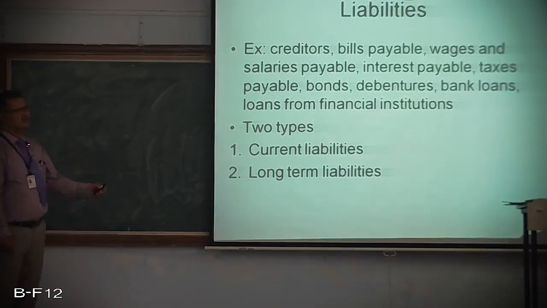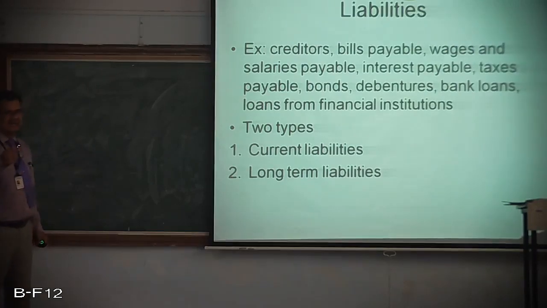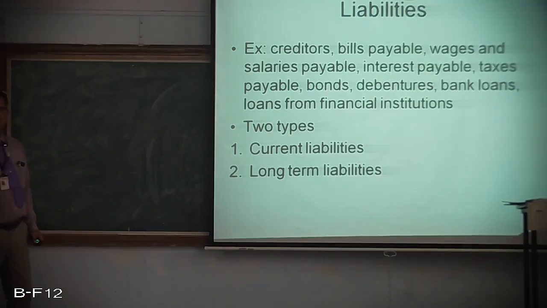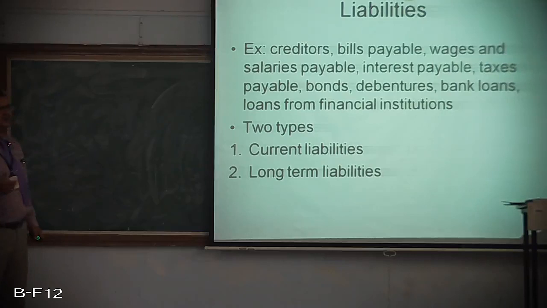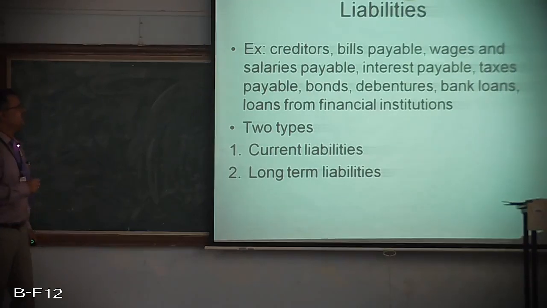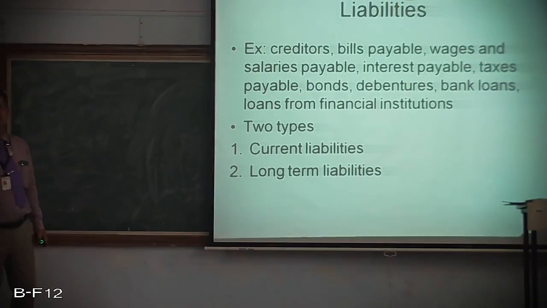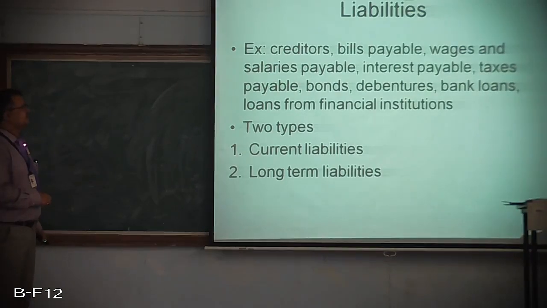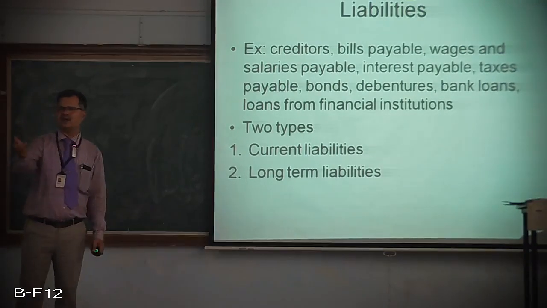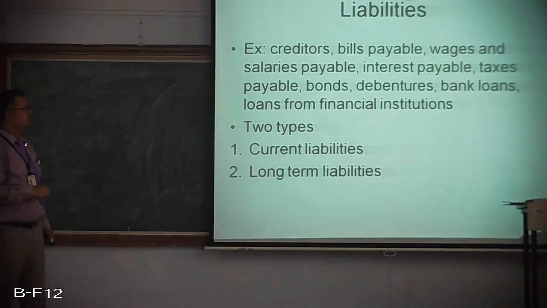Next, what are the examples? Creditors, bills payable, wages payable to the laborers, salary for the employees, interest payable for the loan amount they have taken, and taxes payable. Of course, they are supposed to pay tax, such as GST. Bonds, which many people purchase for investment, that is shareholders.